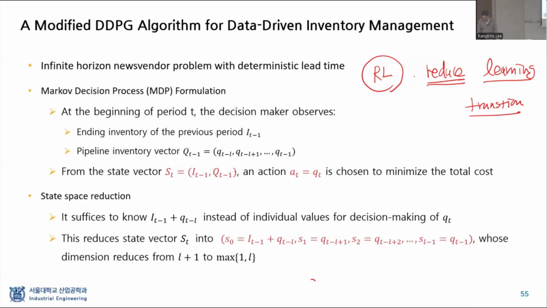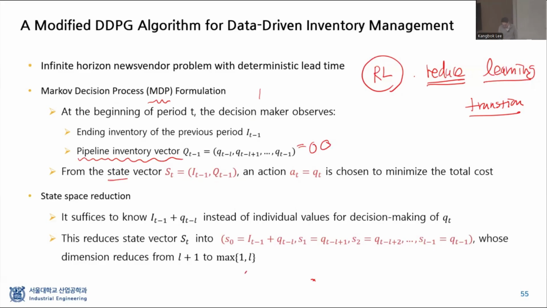So here we are just solving an MDP problem for a multi-period newsvendor problem or infinite horizon newsvendor problem, which is essentially the same. Now we define the pipeline inventory vector, which is the on-order, something that is coming but has not arrived yet.